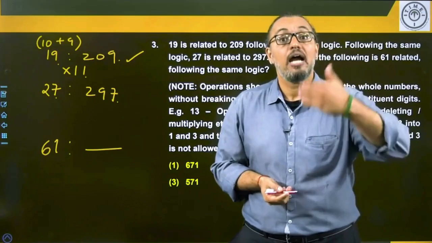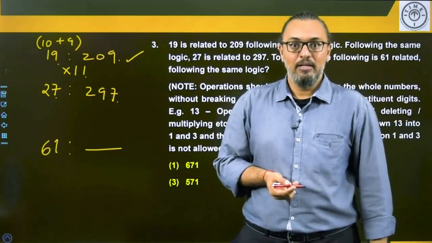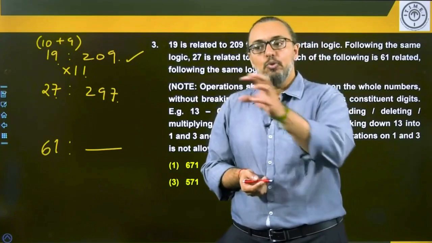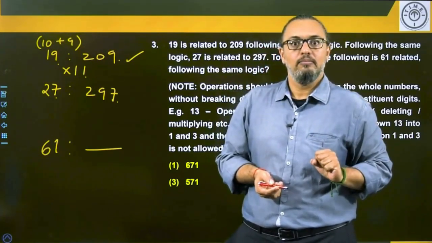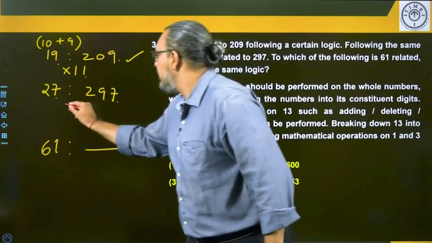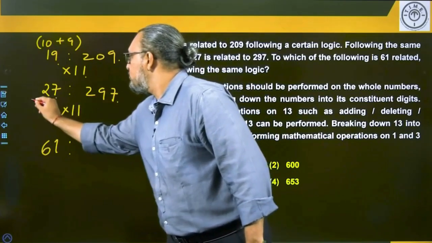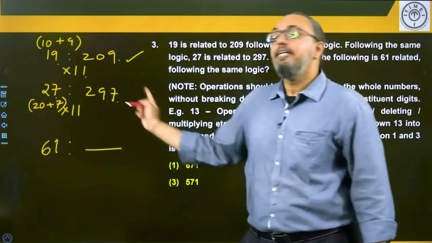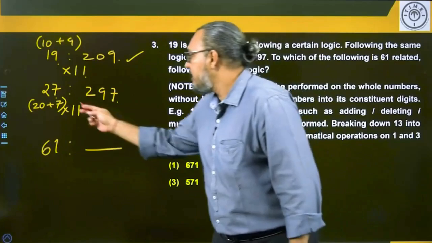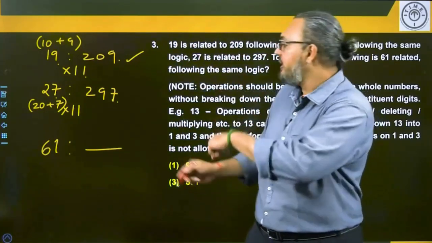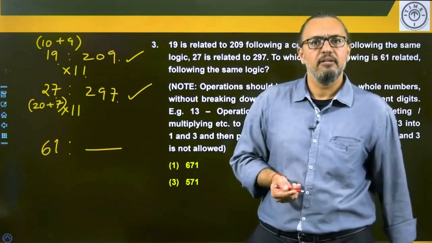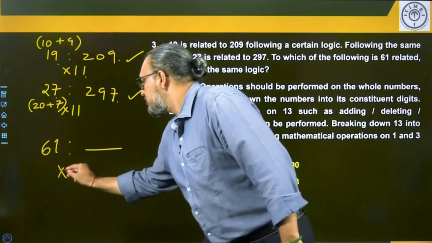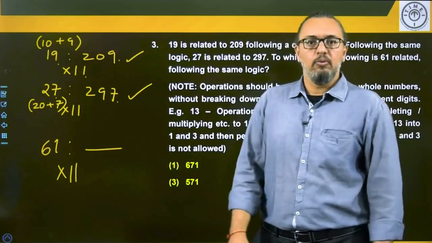This is how you have to start observing, recognizing them. When you do manually, these are the things you can automatically focus on. Got it? Now, again here if I do into 11, again you split the number, 20 plus 7. So, 20 into 11 is 220 and 7 into 11 is 77. 220 plus 77, 297. So, yes, product is the logic that we use.